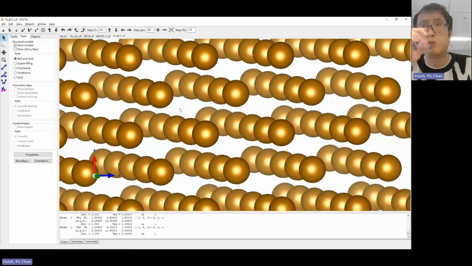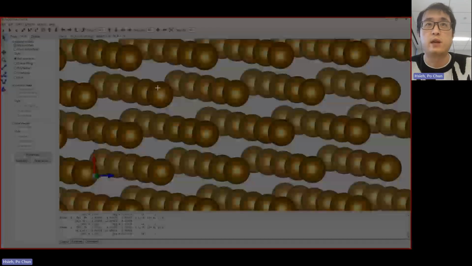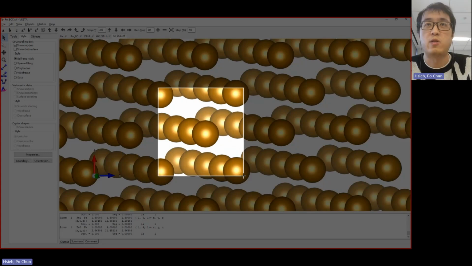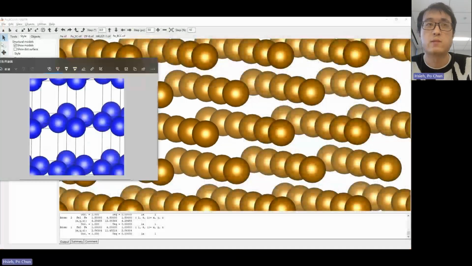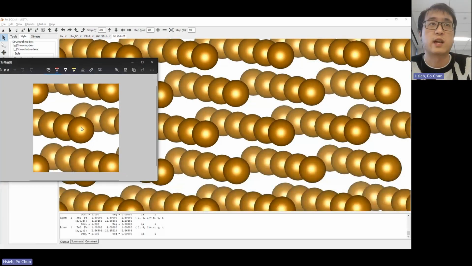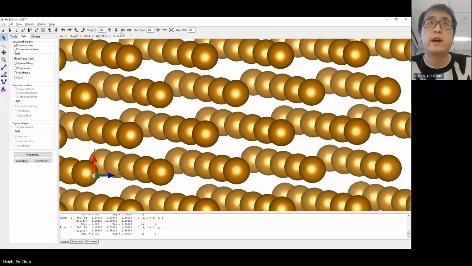So another way to look at equivalent is that, for example, we look at this atom, and let's remember how it looks now. It looks like this, right? And then I move my focus to another atom.